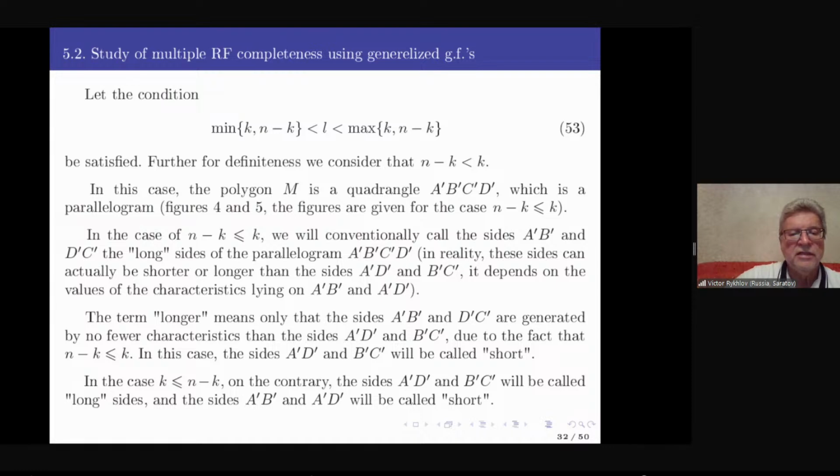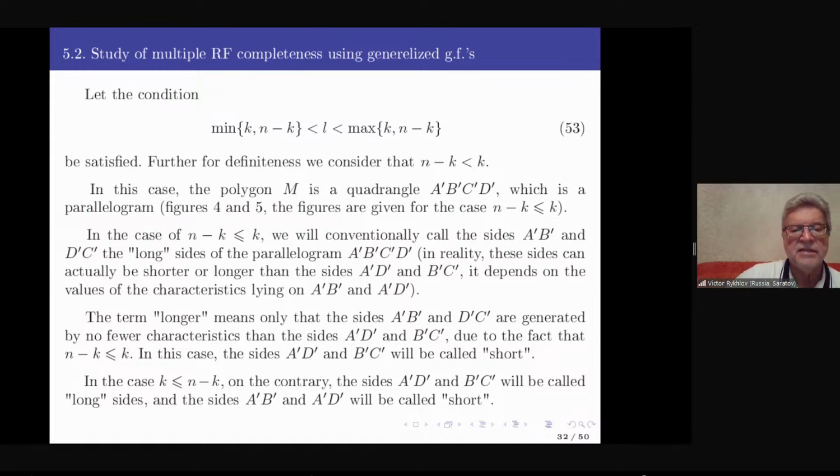The term longer means only that the sides A prime, B prime, and D prime, C prime are generated by no fewer characteristics than the sides A prime, D prime, and B prime, C prime, due to the fact that n minus k is less than or equal to k.